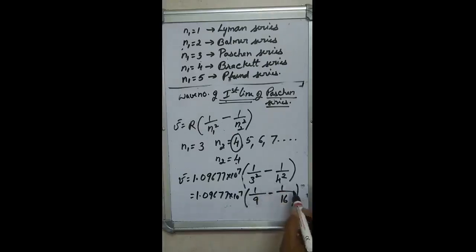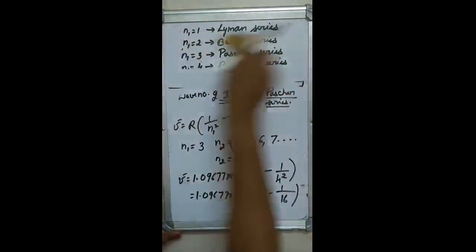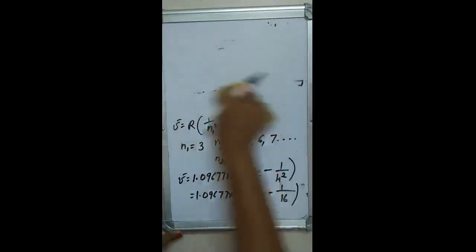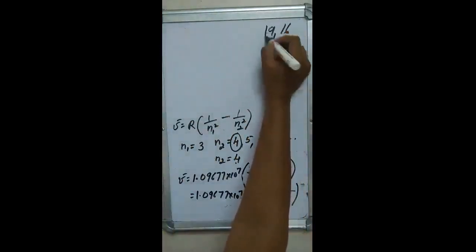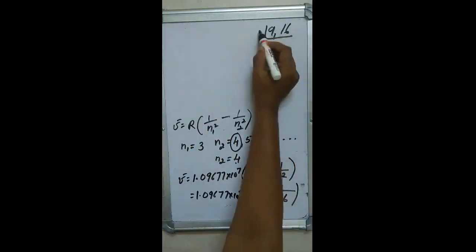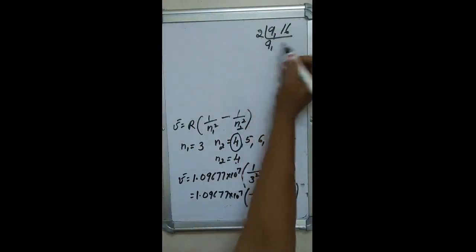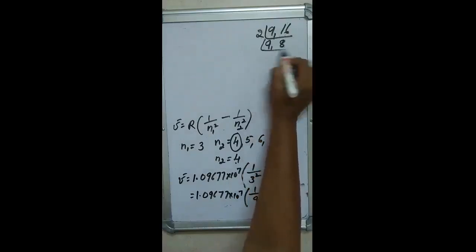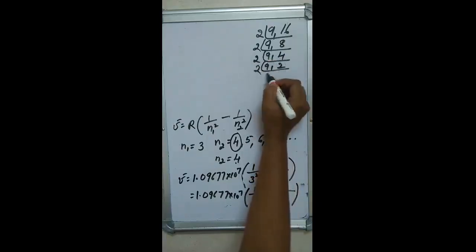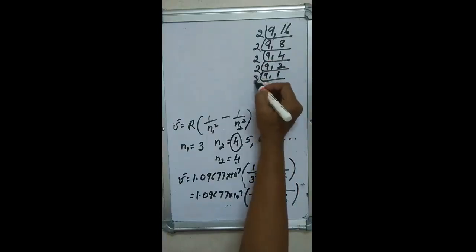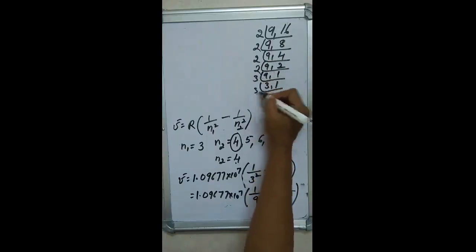Simplify this. For simplification you have to take the LCM. I will teach how to take the LCM. 9, 16. 2 first I will take. 2 4s are 8, 2 8s are 16. 2 2s are 4, 2 1s are 2. 3 3s are 9, 3 1s are 3.